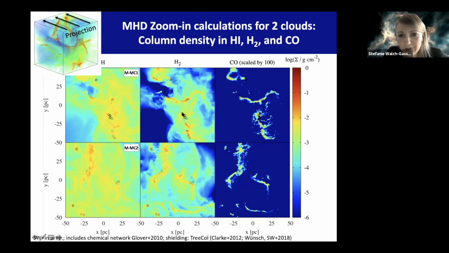However, if you were to observe molecular hydrogen, you would see that all of this is part of the same connected structure, where the individual dense filamentary parts are connected by lower density molecular hydrogen and also atomic hydrogen, which is enveloping the whole thing. This connects to what I showed you in the very beginning in the introduction, that you have this kind of onion-like structure and only parts of it are observable.